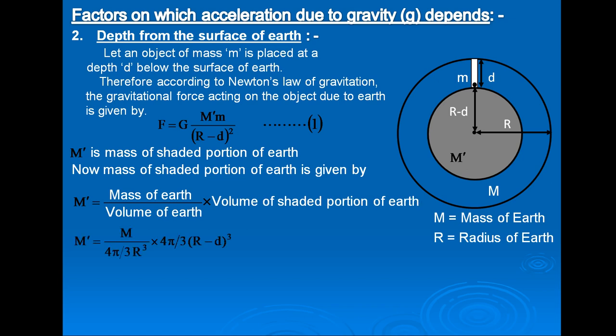So M dash is equal to capital M upon 4 pi by 3 R cube multiplied by 4 pi by 3 (R minus d) whole cube. Now 4 pi by 3 cancel each other. Therefore M dash is equal to capital M upon R cube multiplied by (R minus d) whole cube. Put this equation number 2.